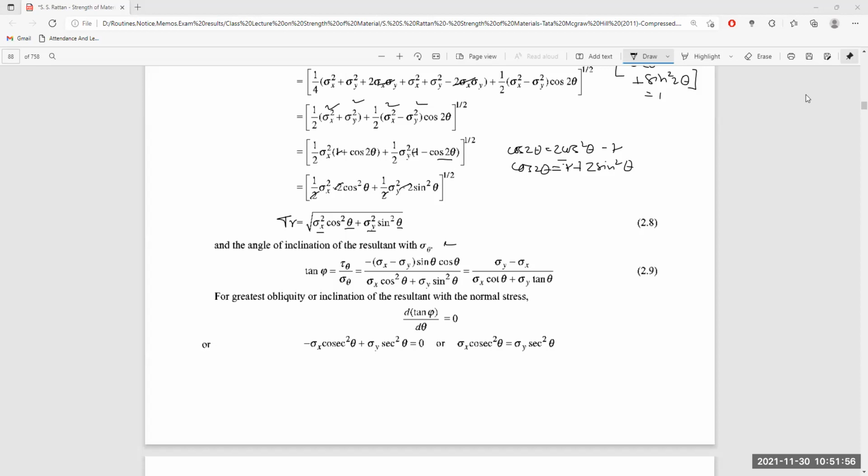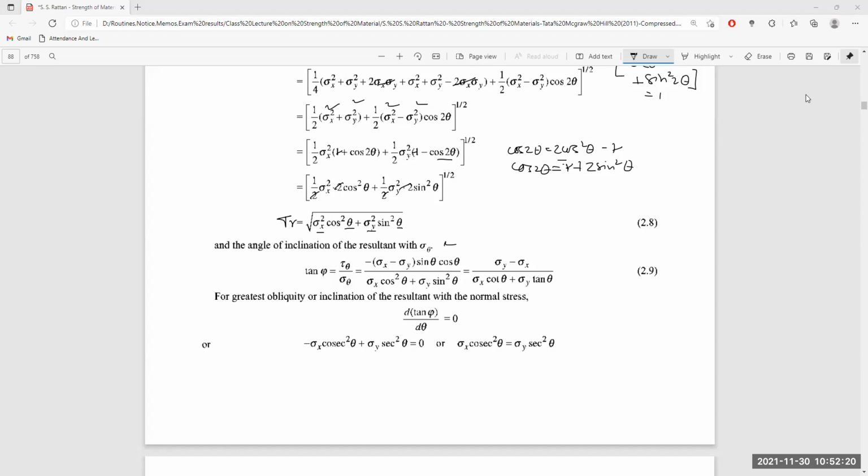Now, the angle of inclination is tan phi equal to tau theta by sigma theta. Put the respective values of tau theta and sigma theta, which is minus sigma x minus sigma y sin theta cos theta divided by sigma x cos square theta plus sigma y sin square theta, or sigma y minus sigma x.